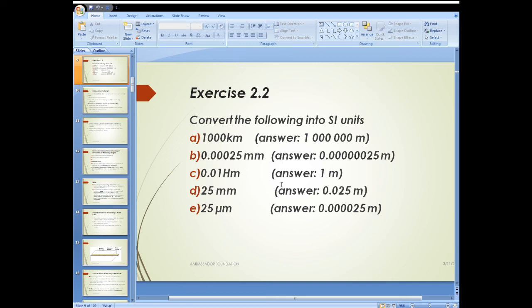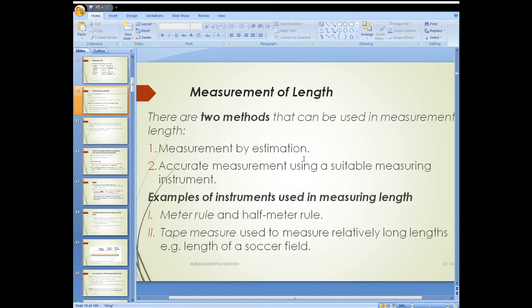So now the challenge is this: convert the following into SI units. You see kilometers, and these things are talking about length. So the SI unit of length is meter. In short, convert all these into meters. The answers are in the brackets. So just do it. If you cannot get what is in the bracket, then something has gone wrong. Just give it a trial.